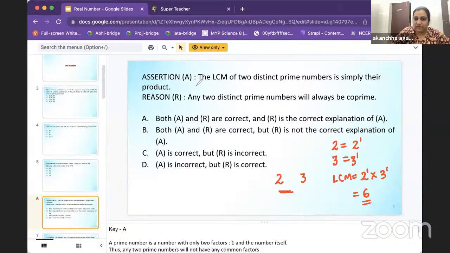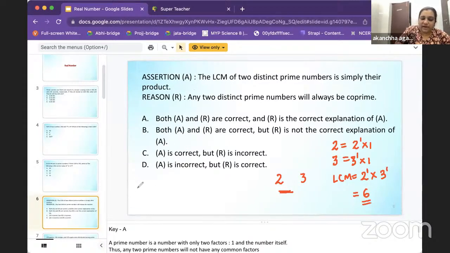The reason they are mentioning is that any two distinct prime numbers will always be co-prime. You see that these two numbers don't have any common factor. If I want to find the HCF by prime factorization, I have to check the common factors, and the common factor is only 1. So I can say that the reason is correct and the assertion is also correct.